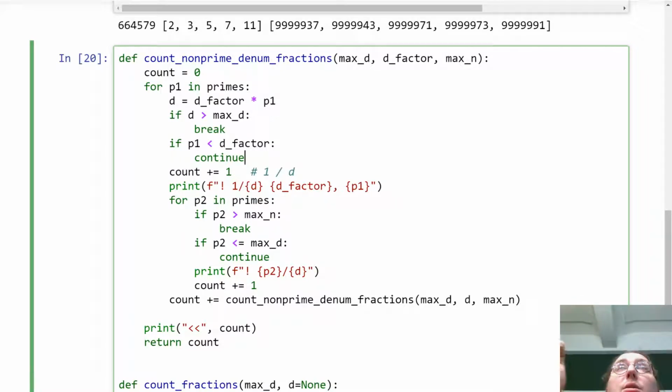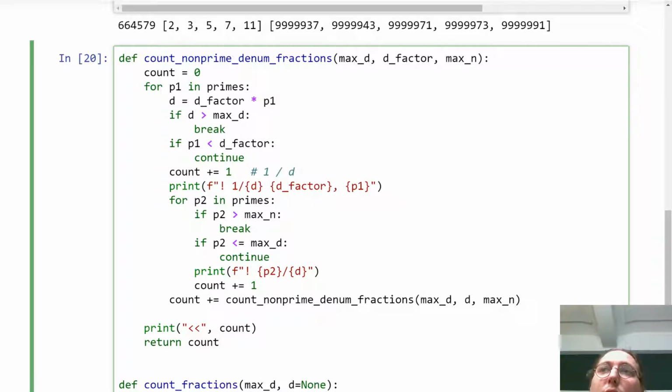So there are two cases. There's the case where D is a prime, and there's the case where D is a composite. The second case is count non-prime denom fractions, and there we pass in as a parameter the factor up until this point.